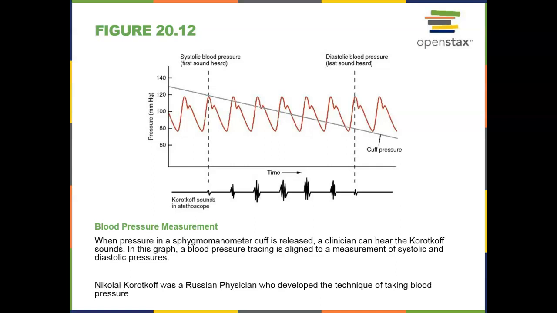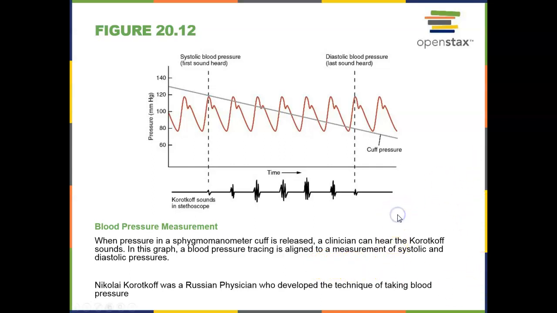When we first hear it, that is when we mark that systolic pressure. And when we hear the last sound, then that's that diastolic pressure. Korotkoff sounds were identified by Nikolai Korotkoff, and he's the one who developed this technique. And we've been using it for a long time.